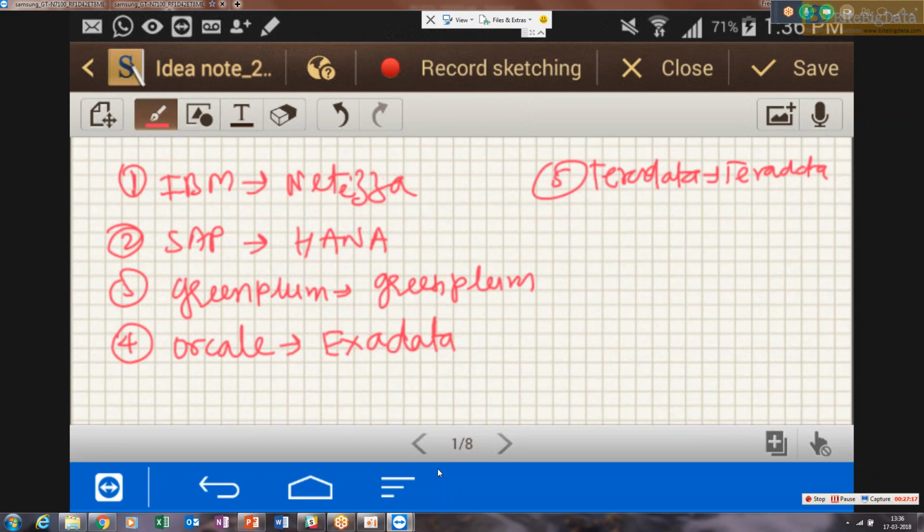Teradata in 1984 had created a server that could handle 1 terabyte of data at that time. In 1984, 1 terabyte is a huge data set to handle, right? So definitely it gained popularity and had very good business during those times, until recently when Hadoop came into the market. Now they are completely focusing on big data.